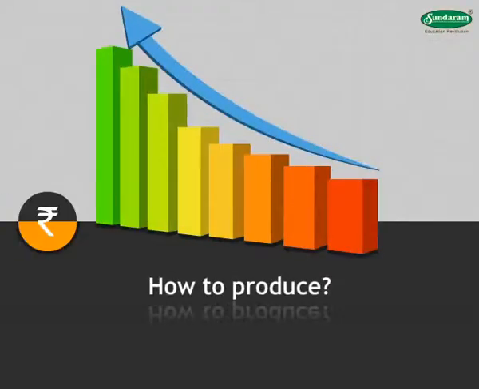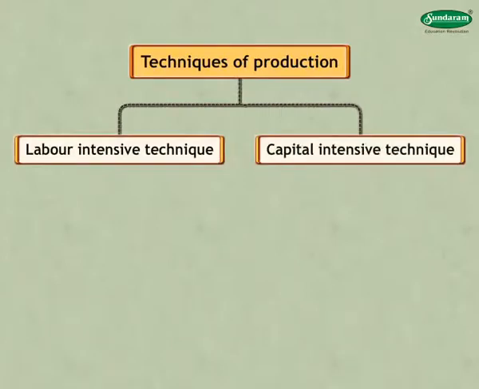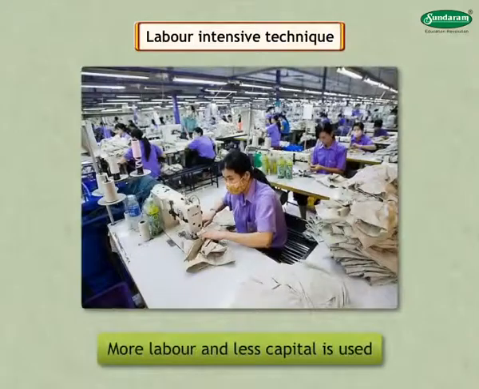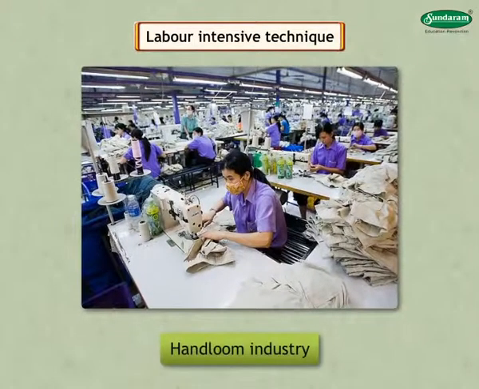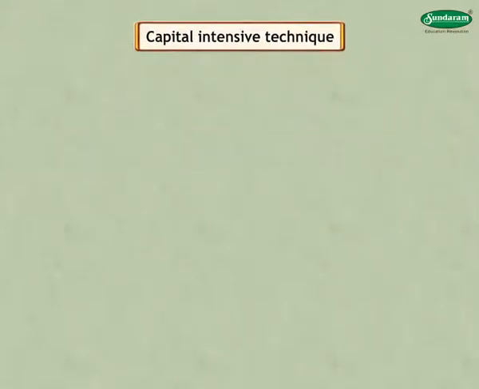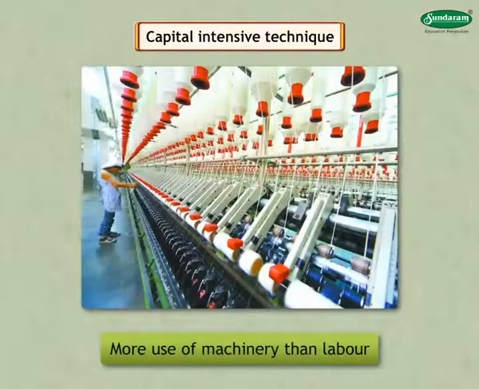How to produce? Generally, there are two techniques of production. In the labor-intensive technique, more labor and less capital is used. Example, handloom industry. On the other hand, in the capital-intensive technique, there is more use of machinery than labor.